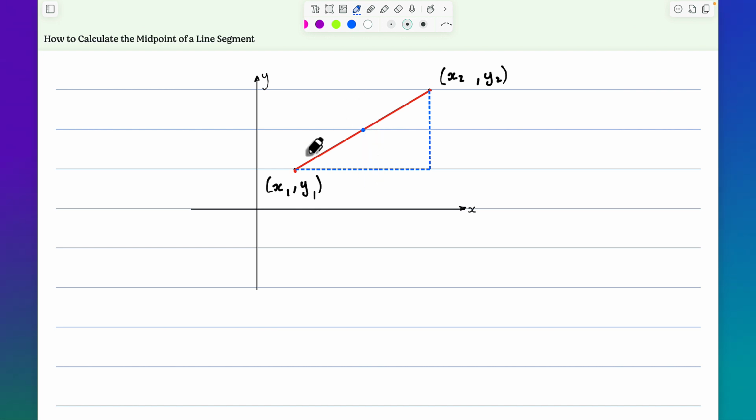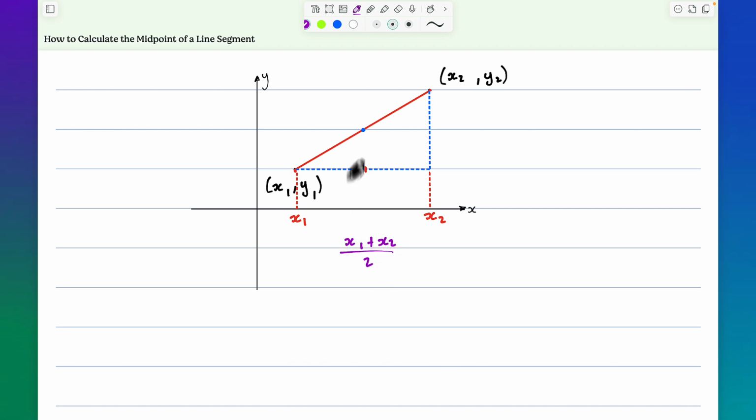My x movement started from x1 and finished at x2, so how do I calculate the middle of these two points? I find the average of these two: you add them, x1 plus x2, and then divide by 2.